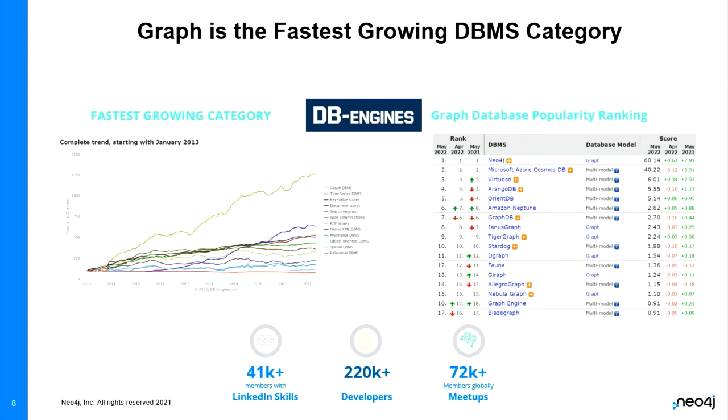The green one that's going up and to the left is graph. So this is going back to 2013. Right around 2016 is where you see that little inflection point where graph is really starting to separate itself from all the other types of database technologies over there.